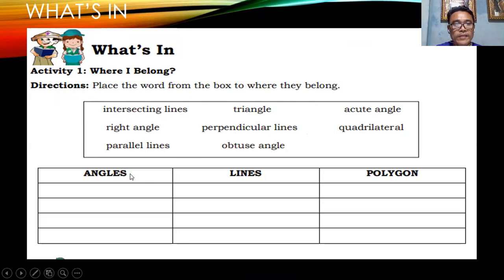So column 1 is angles, then 2 is for lines, and 3 is for polygon. I will give you enough time to answer this activity.